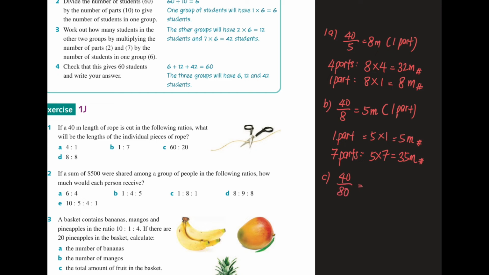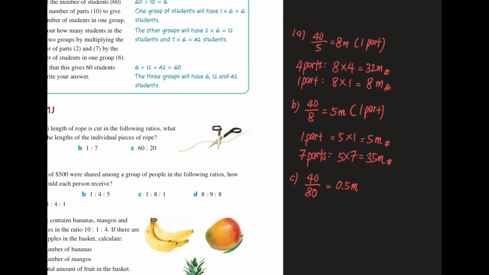So 40 divided by 80 parts. So we get 0.5 meter. That is one part. Now our question wants us to look for 60 parts.